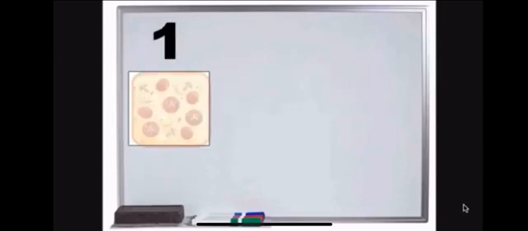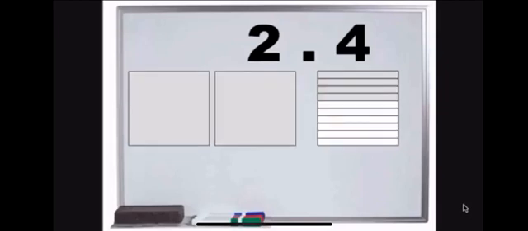Let's check that. 1, 2.4. See, we have 4 slices of a pizza that was cut into 10 pieces. Someone must have eaten the other 6 slices. So we only have 2.4 pizzas left. In activity 1, you will have to colour in the amount you have using pictures. 2.4 coloured in looks like this.